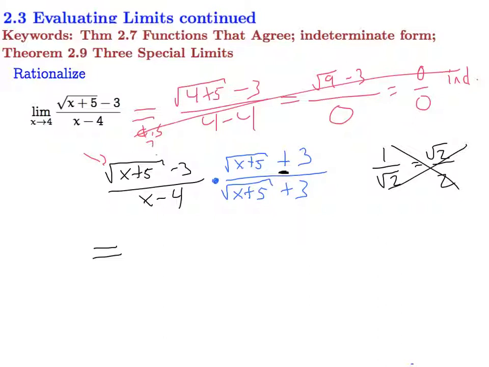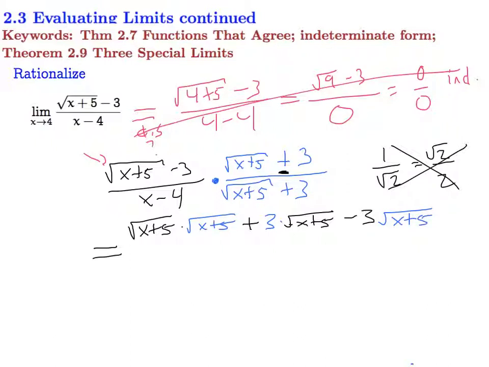So when I distribute, I'm going to get the square root of x plus 5 times the square root of x plus 5. I'm also going to get plus 3 times the square root of x plus 5. And now I'll get minus 3 times the square root of x plus 5.